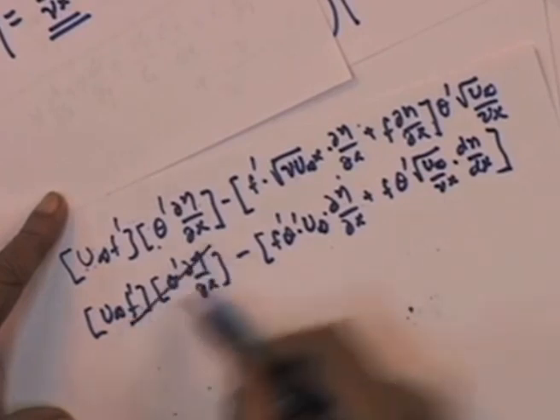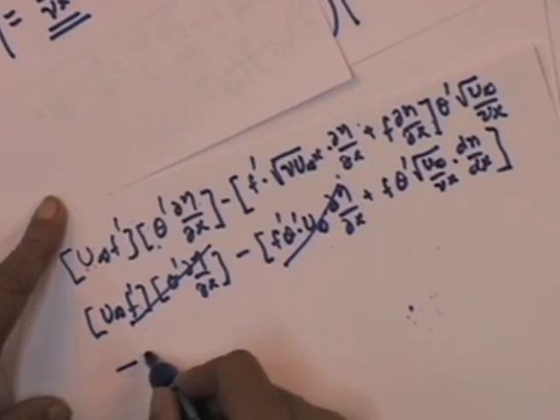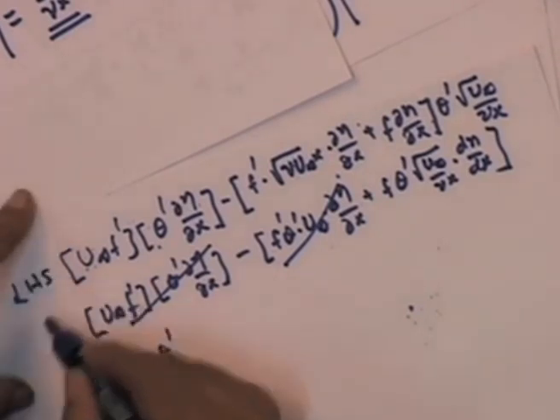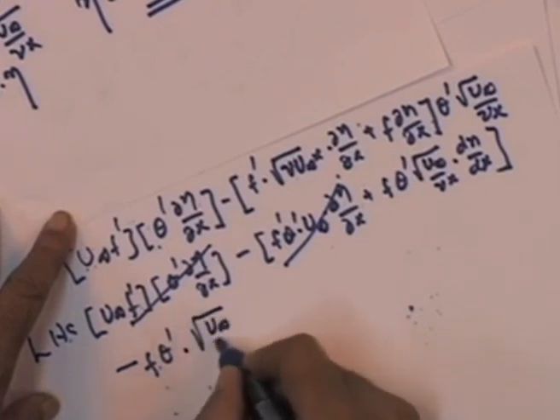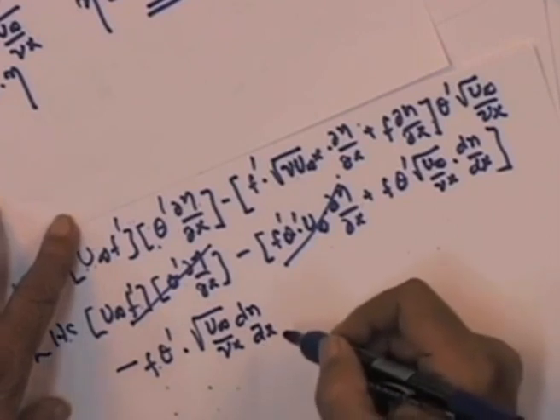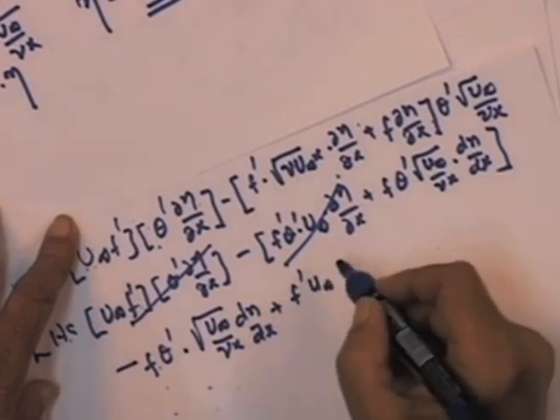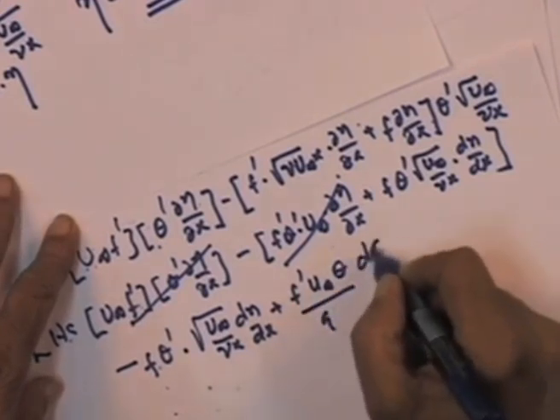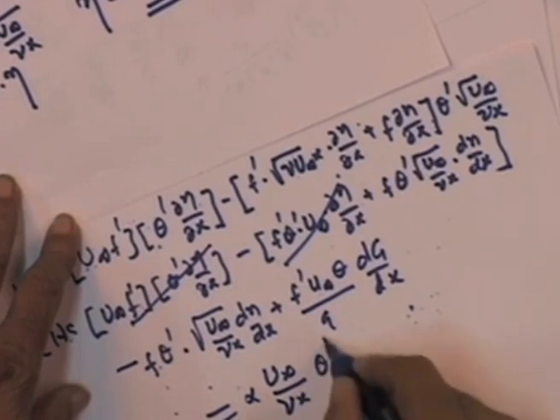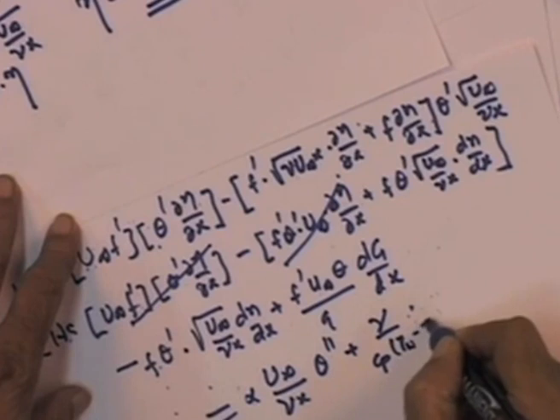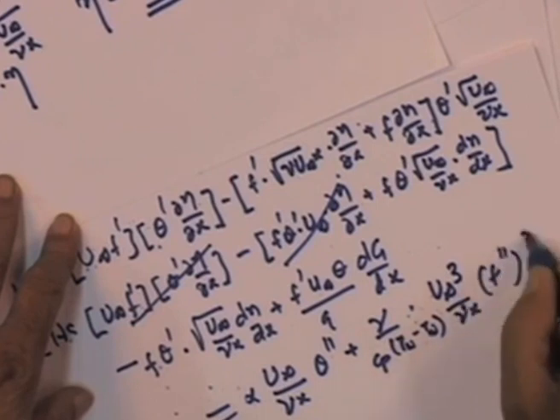And therefore, you will see this term gets cancelled with this term, and I essentially have now, on the left hand side, minus f theta dash into under root u infinity by nu x dn by dx plus f dash u infinity theta by g dg by dx equal to alpha u infinity by nu x theta double prime plus nu by cp t w minus t infinity u infinity cube by nu x into f double prime whole square. This would be the equation.